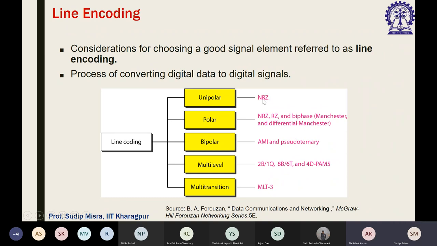NRZ occurs in both, because you can have unipolar NRZ, you can also have polar NRZ. Then you have the bipolar mechanism, in which we have AMI and pseudo ternary. There are a few other encoding mechanisms, which in this course are kept out of the syllabus. Multi-level and multi-transition schemes are also there, but we are not going to cover them here.